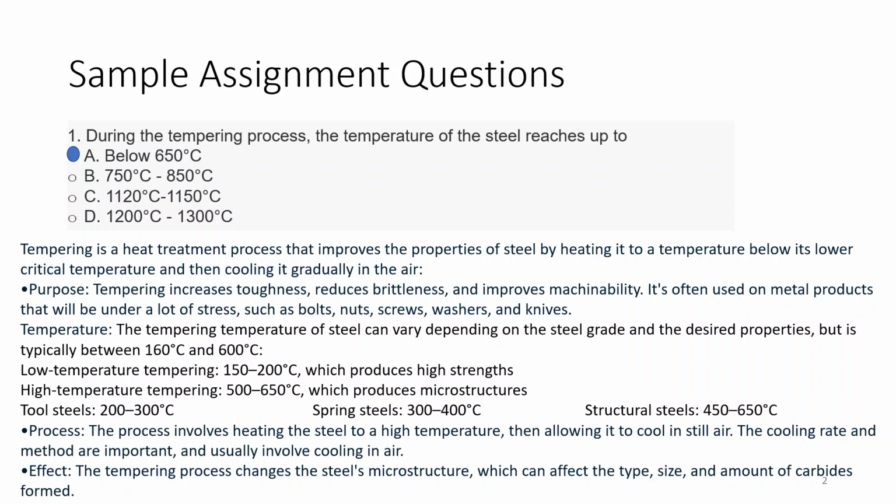Now this process involves heating the steel to a high temperature and then allowing it to cool in still air. The cooling rate and method are important and usually involve cooling in air. In fact, the tempering process changes the steel's microstructure, which can affect the type, size and amount of carbides that are found.